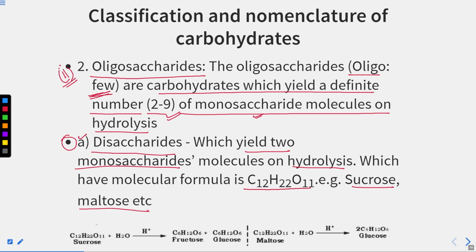When a disaccharide is hydrolyzed, it gives monosaccharides. Sucrose, C12H22O11, forms fructose and glucose on hydrolysis, whereas maltose is made up of 2 molecules of glucose.